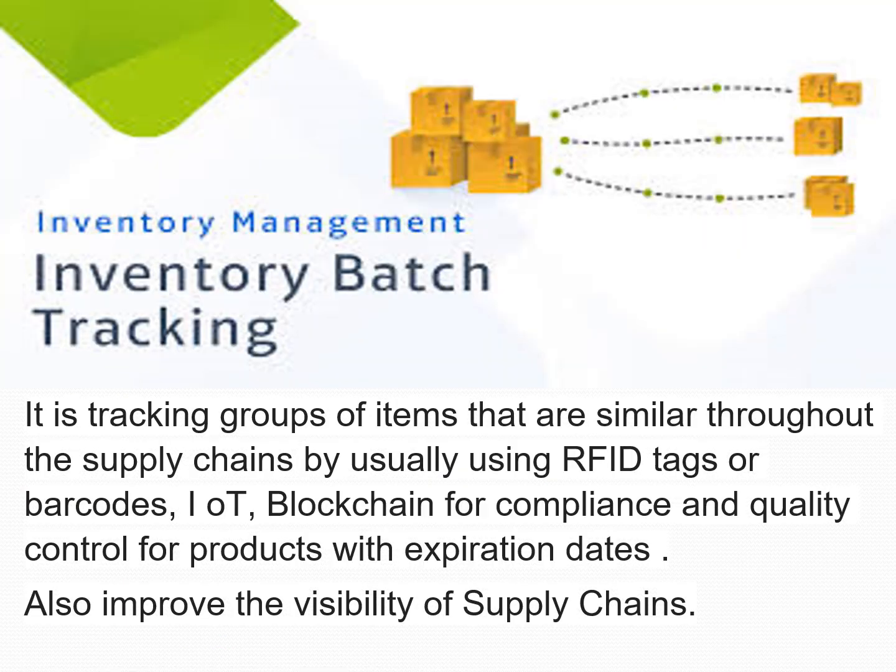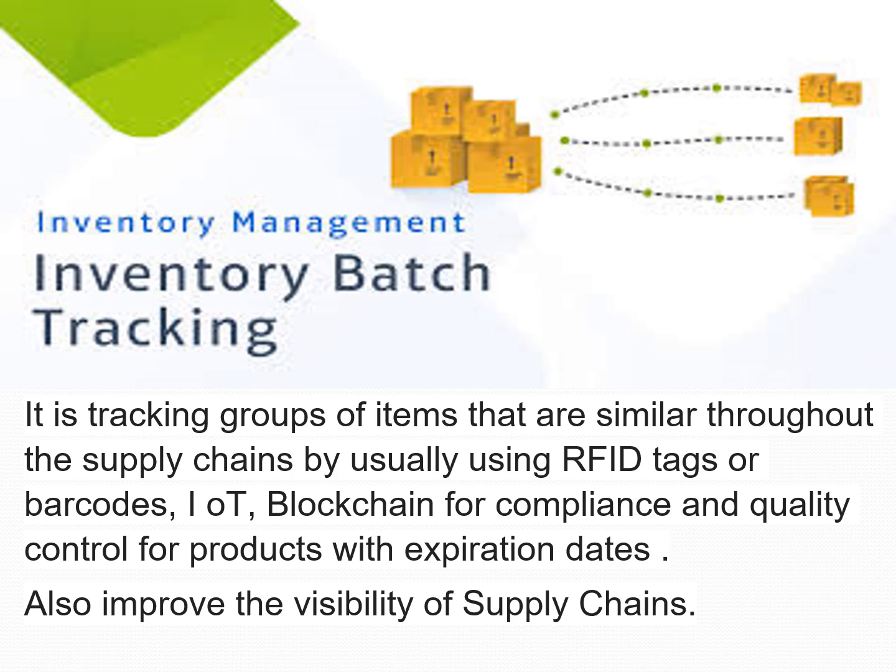Batch tracking is another technique in inventory management that helps companies to track groups of items that have similar characteristics throughout their supply chain. It helps in case there is any recall or returns, so you can see what happened to your inventory.